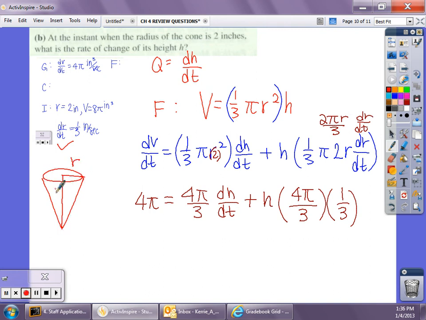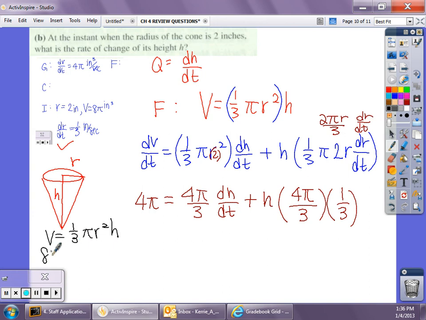So we have r and h. Now, the volume, 8 pi, I actually never used, but it looks like maybe that might help me to find the height at the instant. So volume is 1/3 pi r squared h.